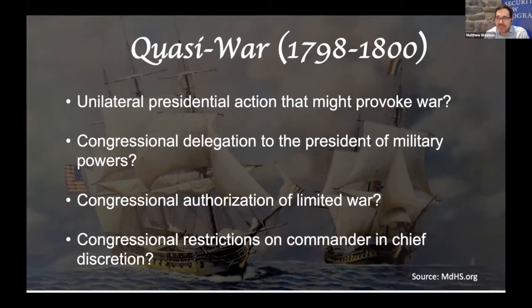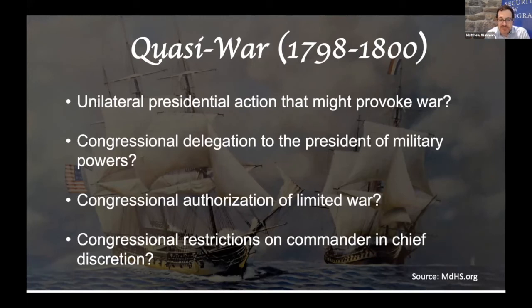And some opponents of those proposals said, wait a minute, the Constitution very deliberately gives Congress, and only Congress, decision-making about whether to expand the size of the Army and the Navy. So there's some pushback on this.